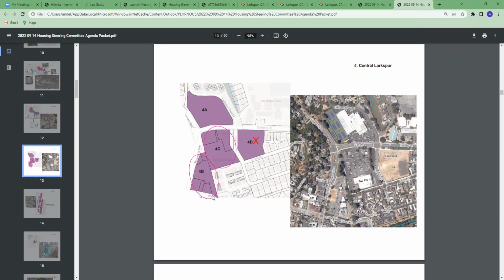And this area is within the scope of the CLASP, correct? Right. And every time somebody says something about development within that area, it causes controversy.